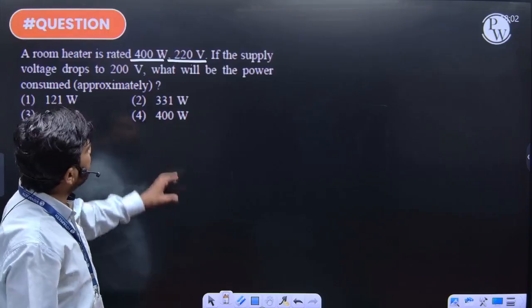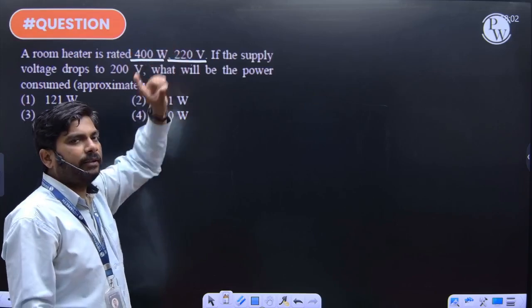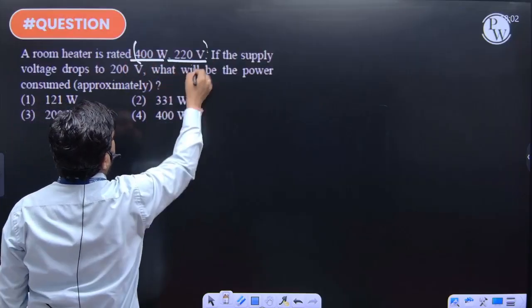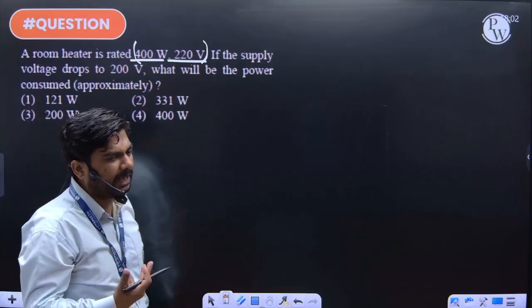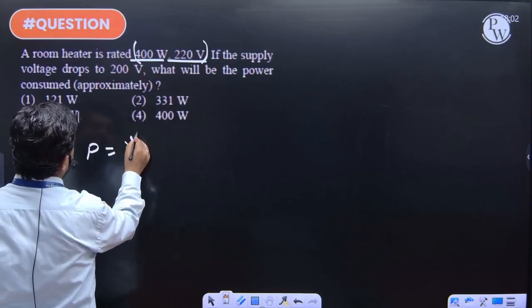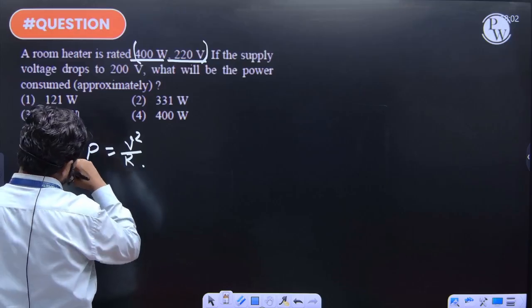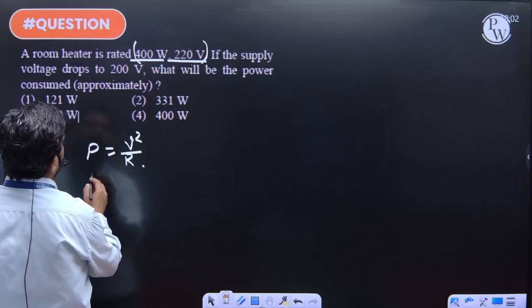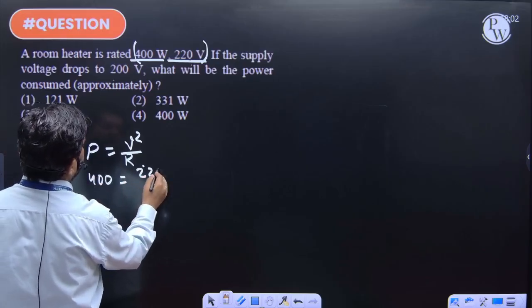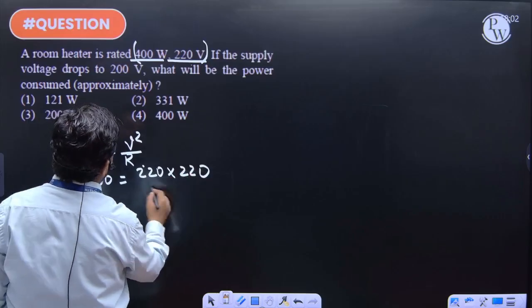No. What is constant? If this is rated, your resistance will be constant. So with the help of rated values, we will calculate the resistance. Power is equal to V square by R, so 400 is 220 into 220 divided by R.